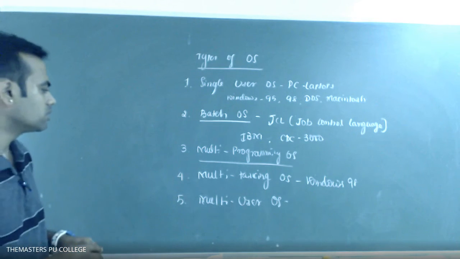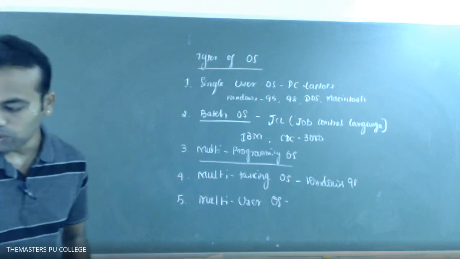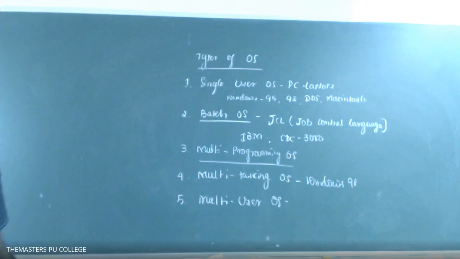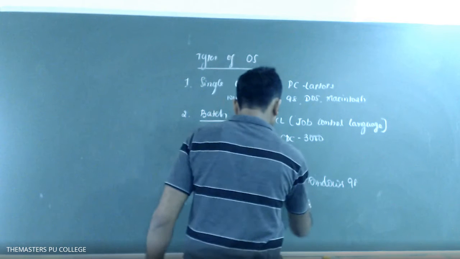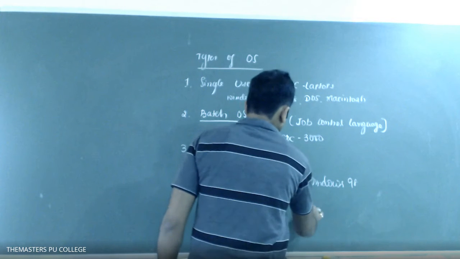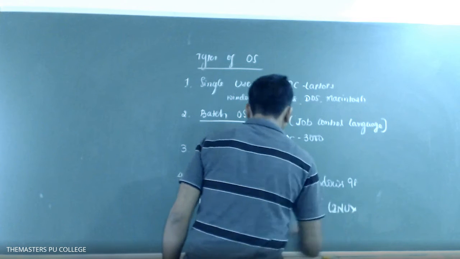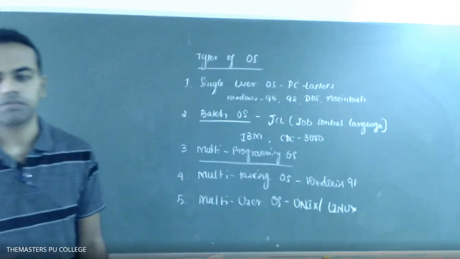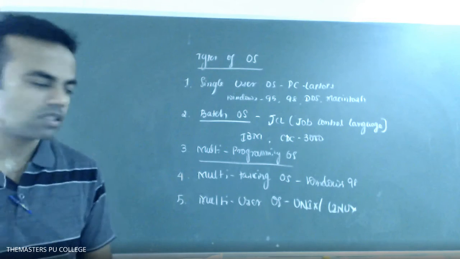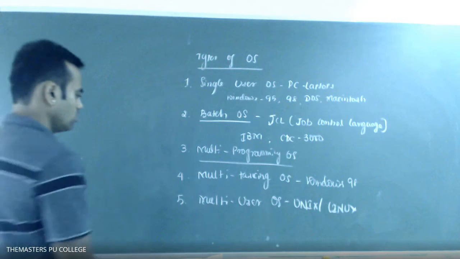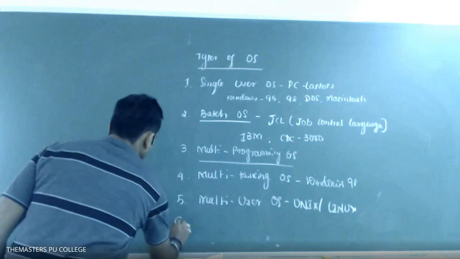Unix and Linux are examples of multi-user operating systems.